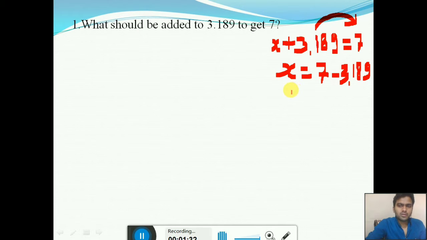So we will make like decimals. 7 does not have a decimal point, so we will put the decimal point and we will count the numbers after the decimal point in the second number: 1, 2, 3. So after the dot we will put 0, 0, 0.